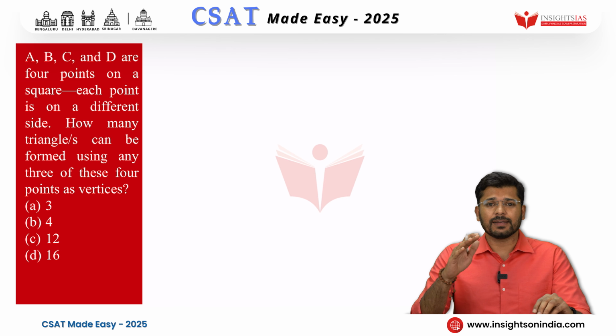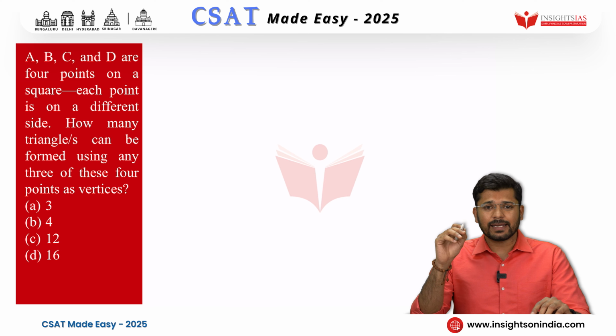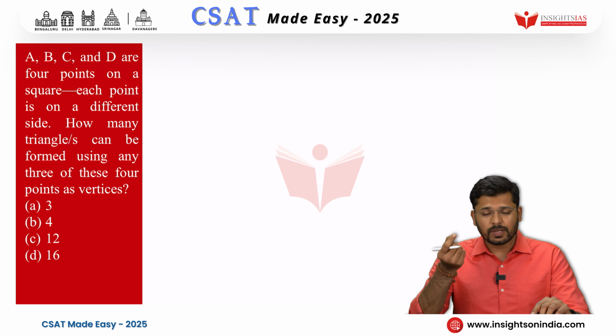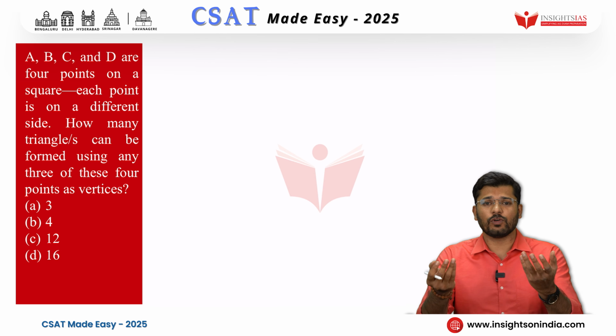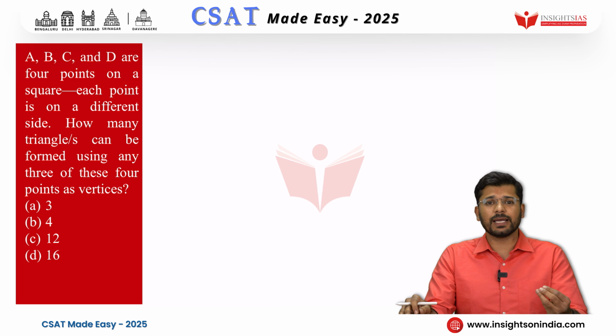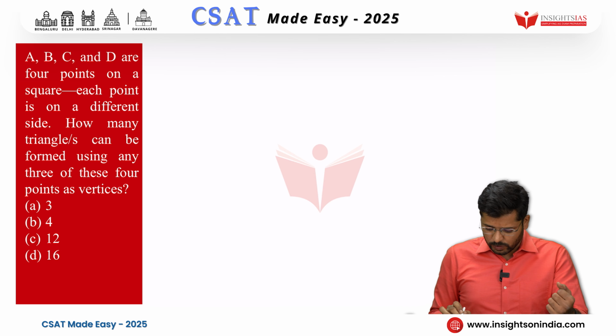The question says that there is a square and on each side of that square, on every one side, there is one point. And they have named the points A, B, C and D. And they want us to find out how many triangles can be formed using any 3 of the 4 points. So how do we solve it?